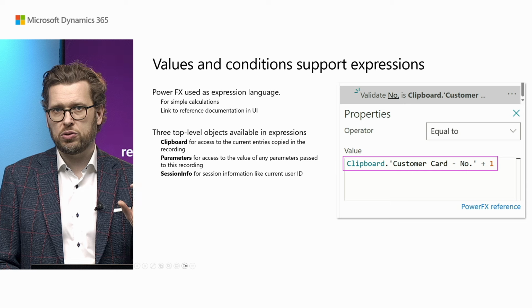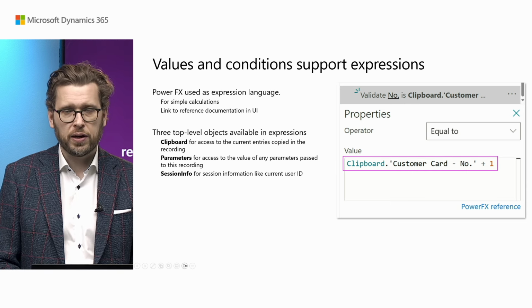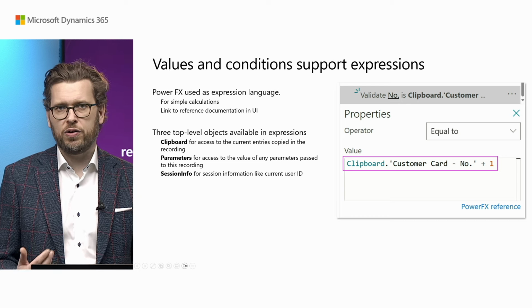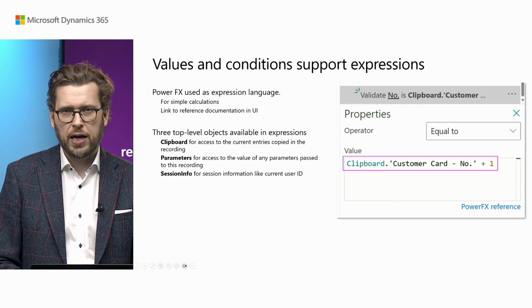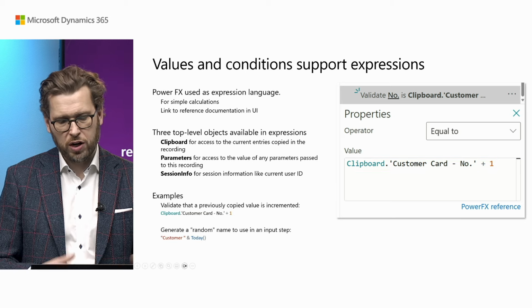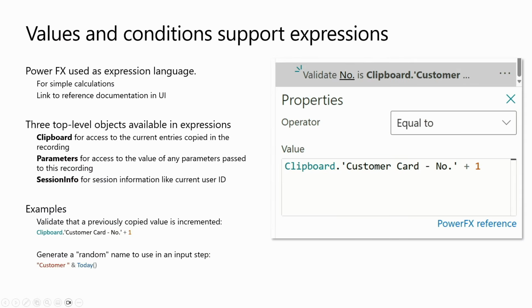And in addition to PowerFX, we also give you 3 top-level objects that you can use in expressions. You can call into the clipboard that we talked about before to pull out values there. You can call into something that we call parameters, which are really variables for the script, and we'll talk about those later. And you can also access the session info that I spoke about before. So to show a couple of examples, you could pick out maybe the customer card number.